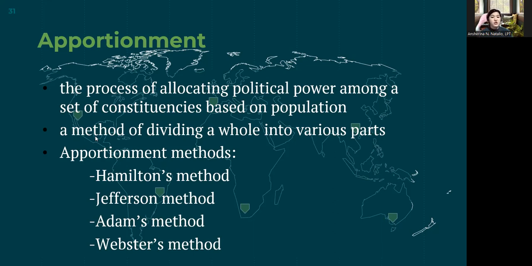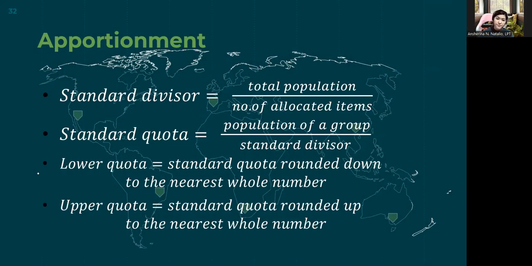Another definition is it's to give out a certain amount of something to a number of people. Another definition is it's the process by which seats in a legislative body are distributed among administrative divisions. Medyo political na ito, no? But this is often used in politics talaga. And we have 4 methods: Hamilton, Jefferson, Adams, and Webster's method.